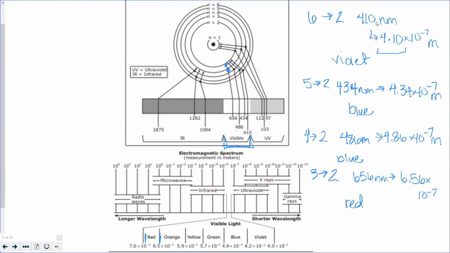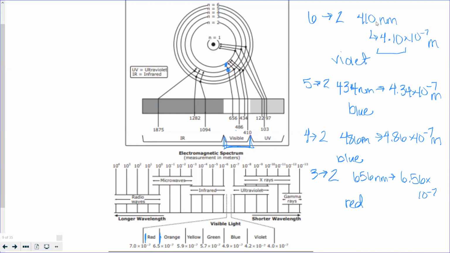So what that actually shows us is the emission spectra for hydrogen. It shows us which specific wavelengths or bands of light will be given off.